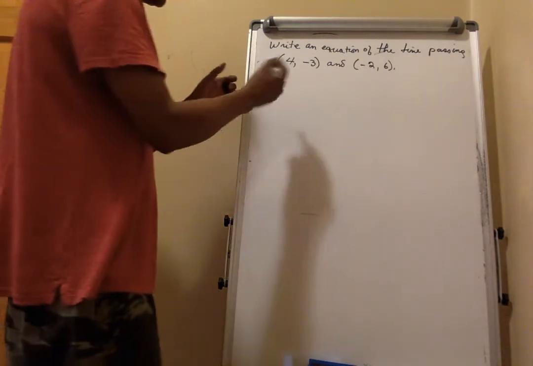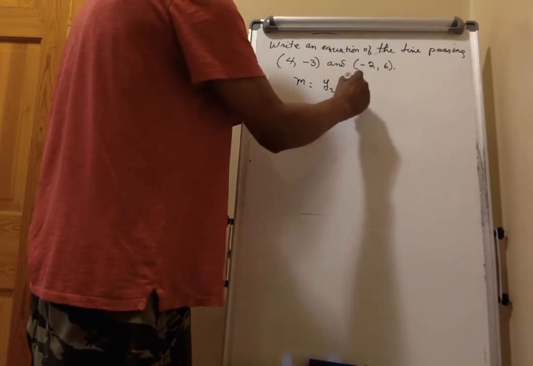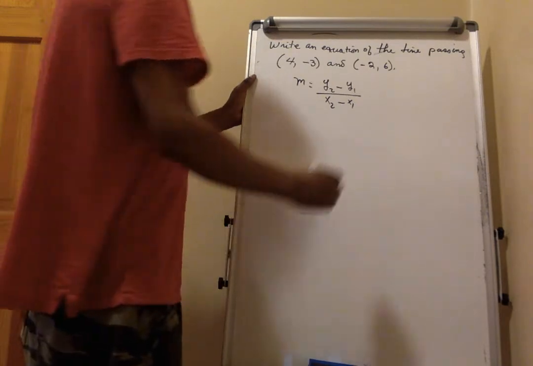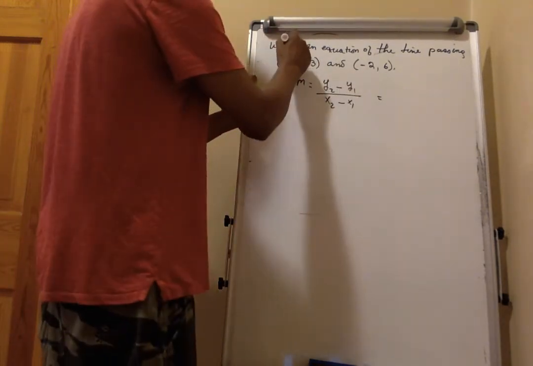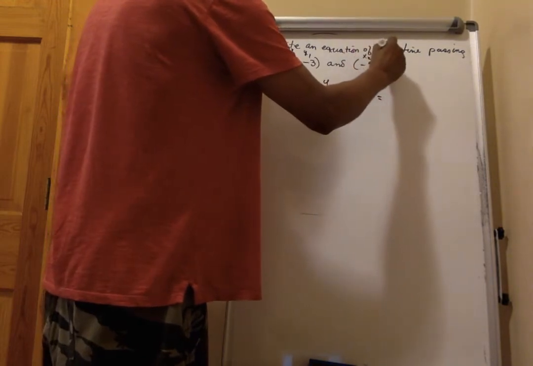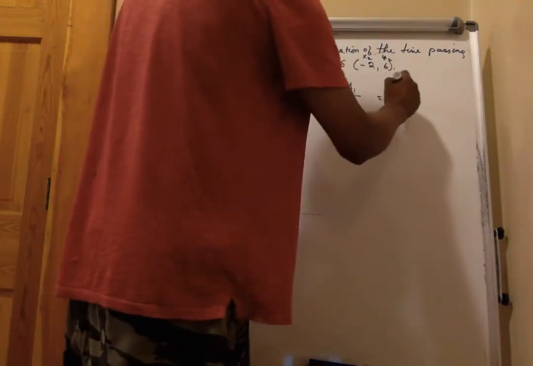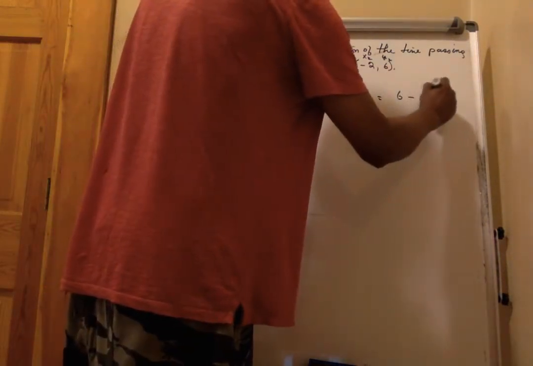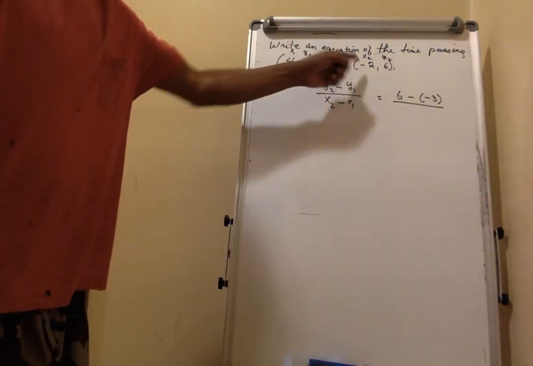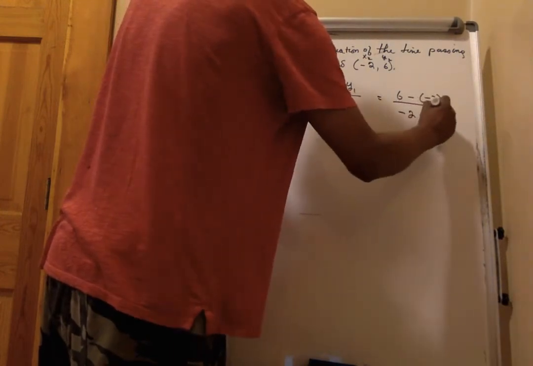So go ahead and use the definition of the slope, y2 minus y1 over x2 minus x1. You know this one is your x1, y1, x2, and y2. So y2 minus y1 gives us 6 minus -3 over x2 minus x1, which is -2 minus 4.